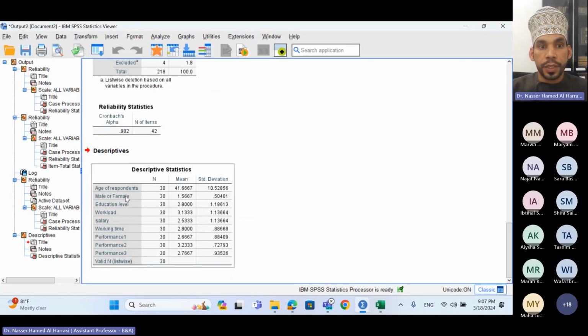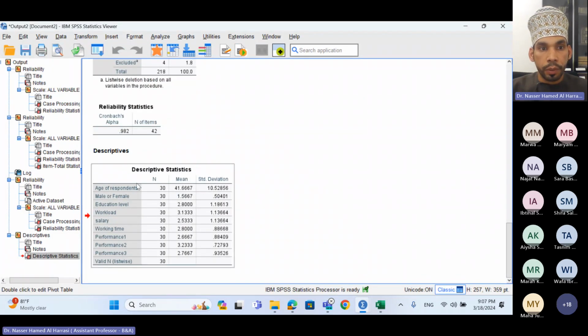See, immediately the descriptive, this is the table: age of the respondents, male or female, educational level. Can we get the mean for these three demographic variables? No. The mean of male and female, what is the benefit of getting that? We cannot get the mean. We don't have something which is between male and female.